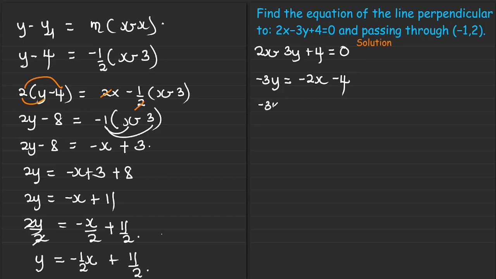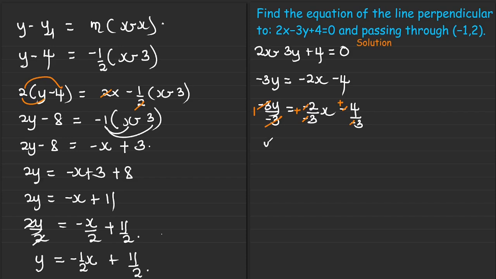So that we have negative 3y divided by negative 3 equals negative 2 divided by negative 3, and then negative 4 also divided by negative 3. Cancelling out, realize that this negative 3 divides this negative 3 to give us a 1. This negative divides this negative, gives us a positive. Then this also takes out this, and we have what? A positive.